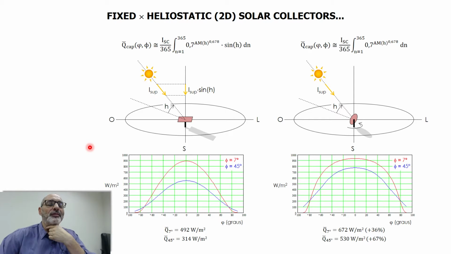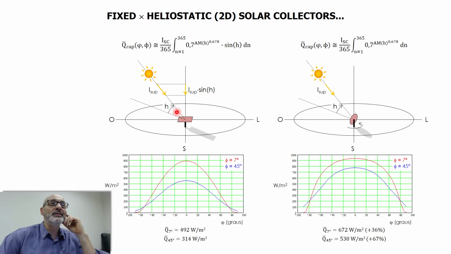Okay. So what we need to do now is to decide what type of mirror we're going to use. We can do this by the same formula actually. If I use a fixed mirror, as in this case here, I have to project the amount of energy that arrives on this vertical line here.